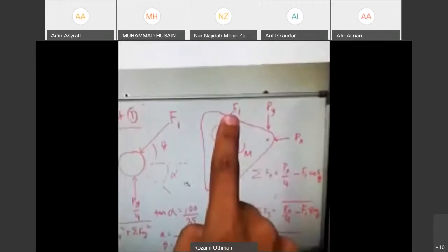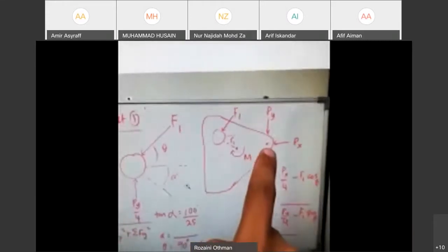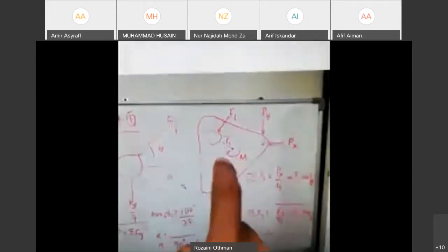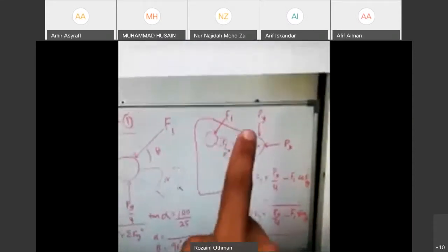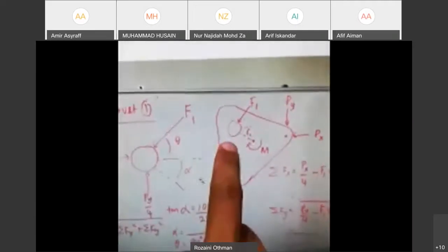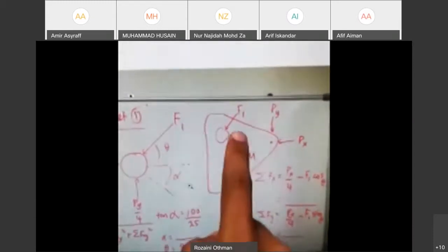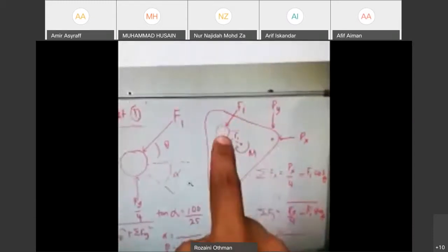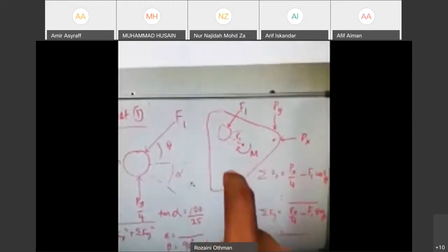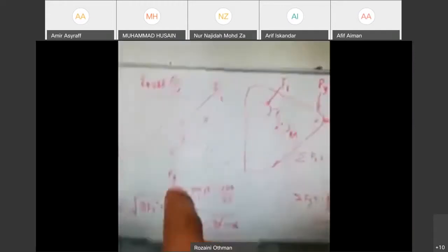It will create an anti-clockwise moment, because the moment from the external load is clockwise. So the reaction moment from the rivet must be anti-clockwise. That's why the F1 force is like this, because it will create a counterclockwise moment, right?